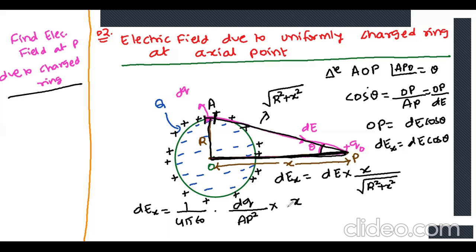AP equals under root r square plus x square, so AP square is r square plus x square.